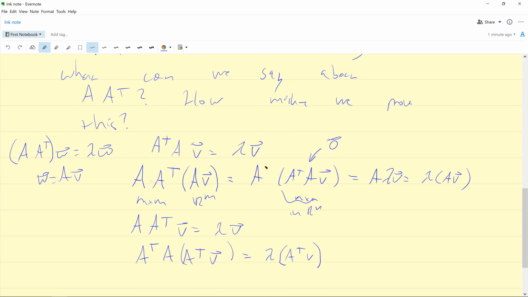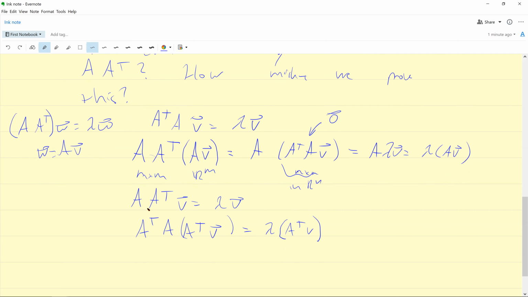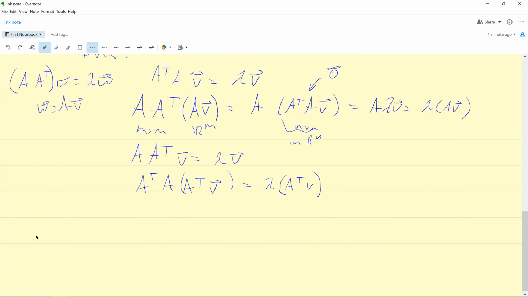We say something is an eigenvalue if it's associated with some non-zero eigenvector, because the 0 vector always maps to itself. So really what this is saying is that non-zero eigenvalues of A transpose A and A A transpose are equal. Questions about that?